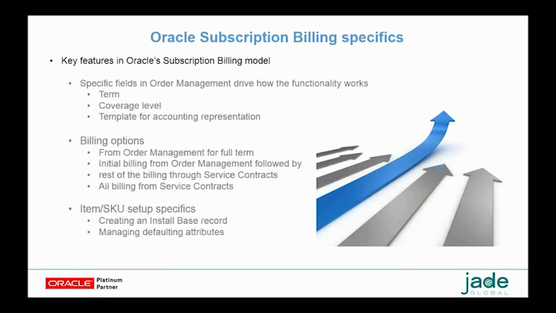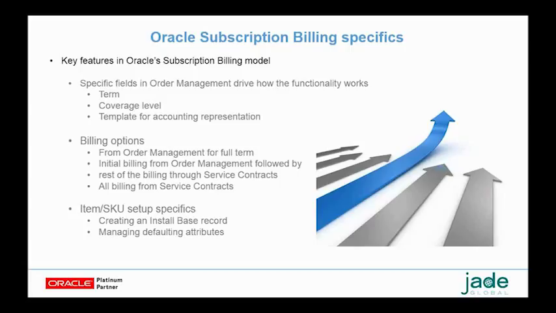Let's go through a couple of key features on the subscription billing model. There are specific fields and additional data sets that you need to capture in order management that drive how the functionality works: the term of the subscription service, the coverage level, and a template for representing how the accounting is going to be done and the billing is going to be done.